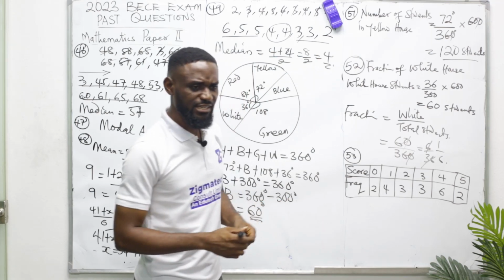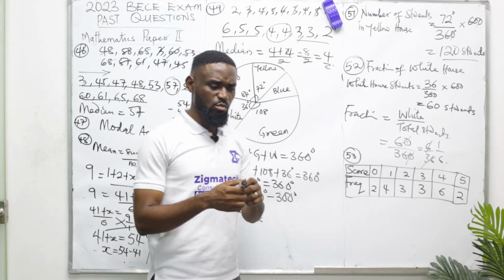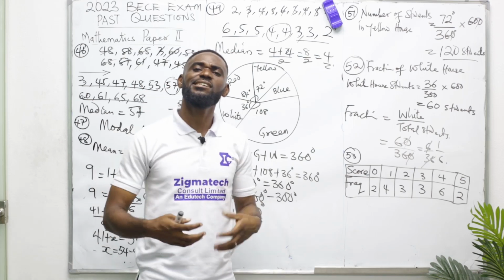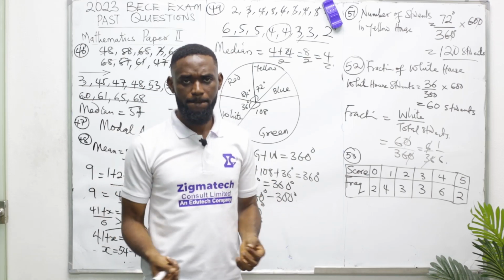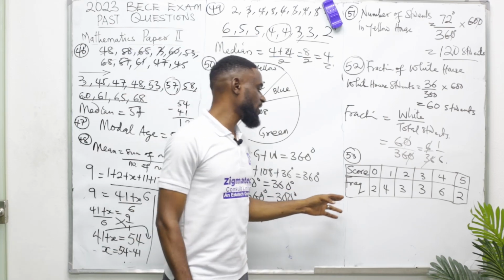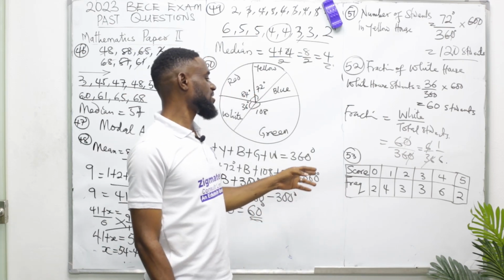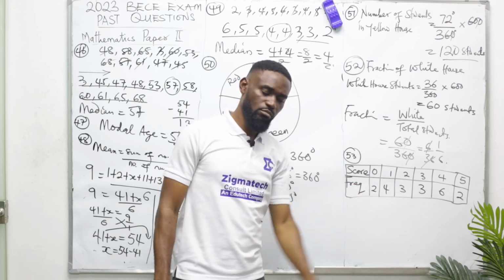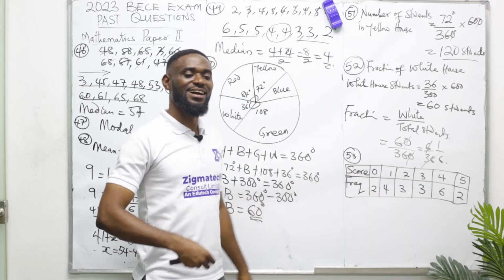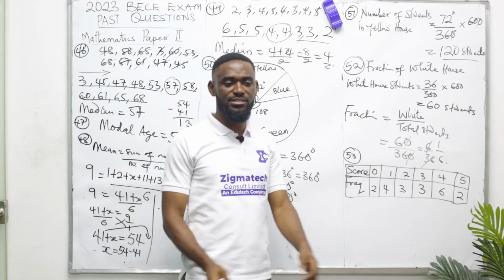So the question is, what is the mode? We have said that the mode is the highest occurring number. So it is the part of the frequency column or the frequency row that appears more, right?